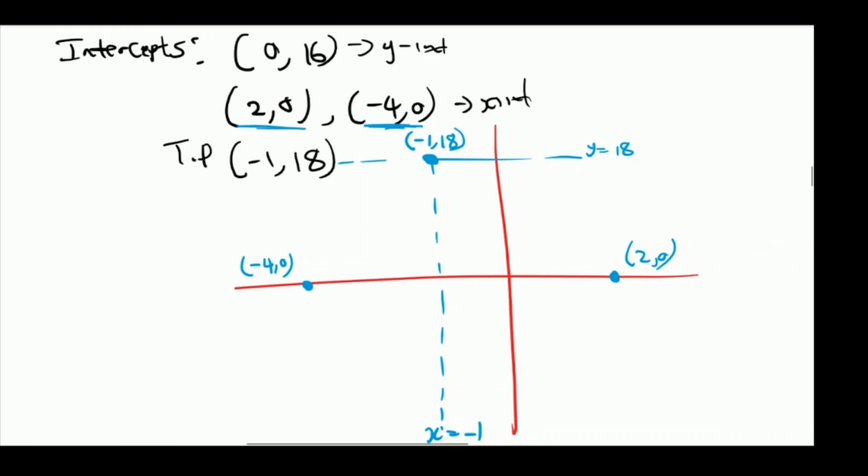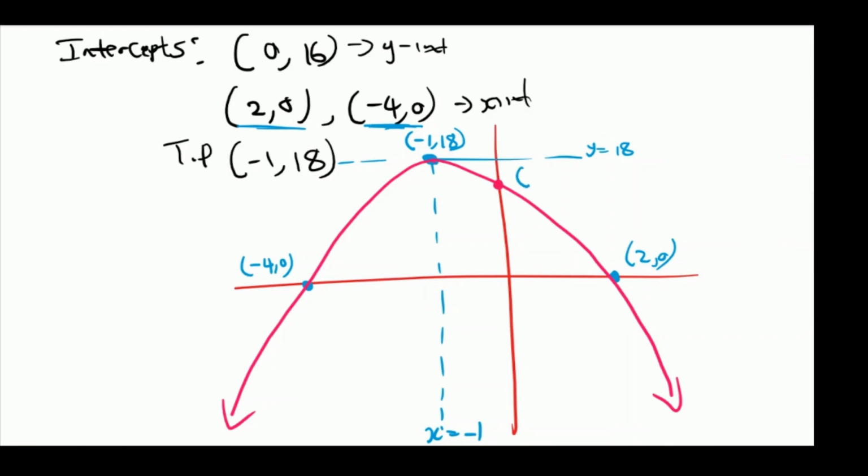So its graph is going to look like this and like that. So we also need to indicate this intercept, which is our y-intercept. We found x to be 0, so it's going to be 0 and 16. So this is our graph of f of x.